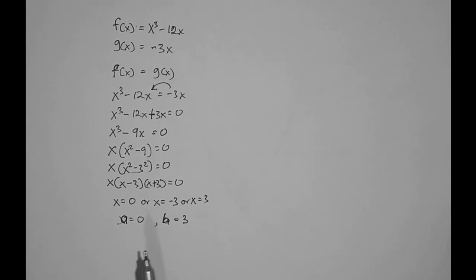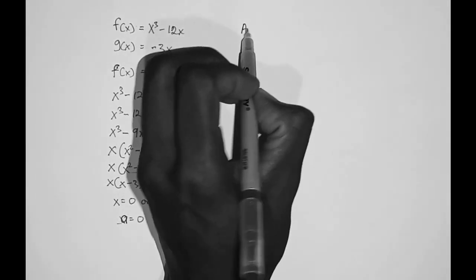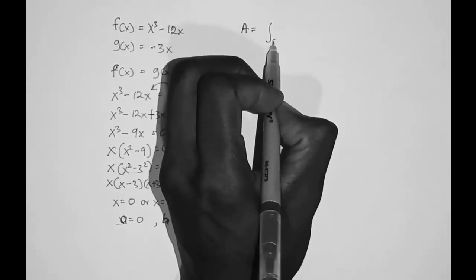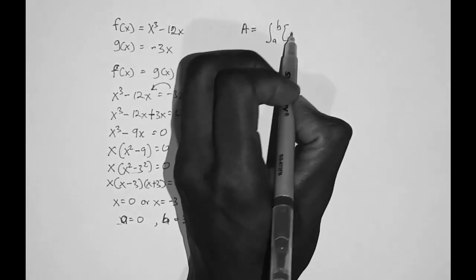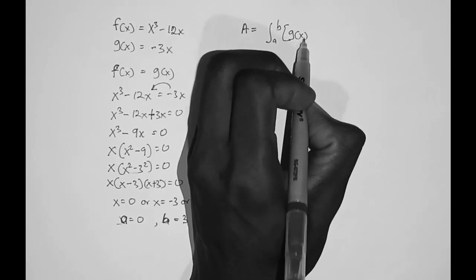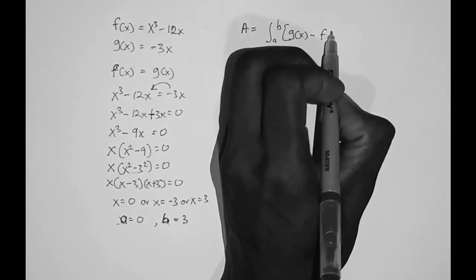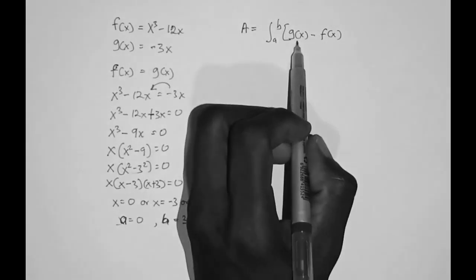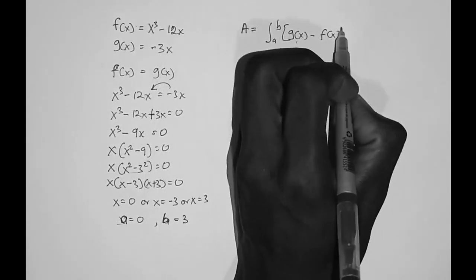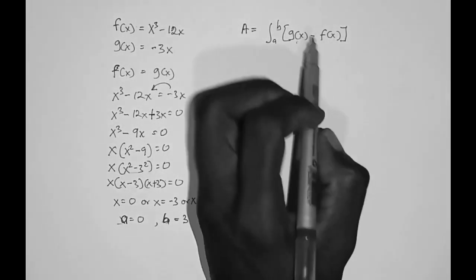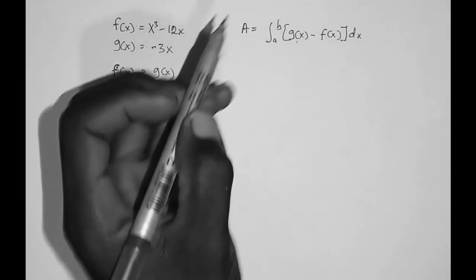So now, remember that we've already established previously that the area is equal to the integral of a to b of g of x minus f of x, because the straight line was on top of the curve. So g of x minus f of x dx.